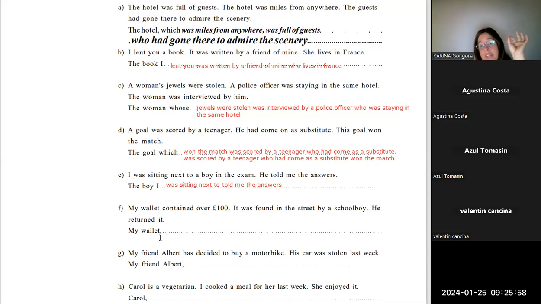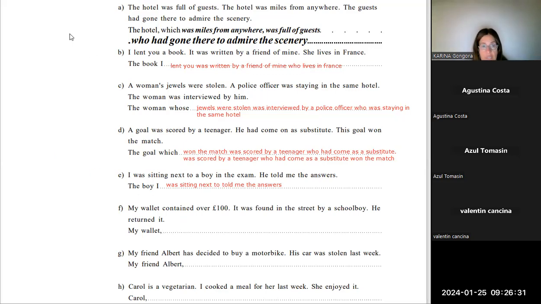Also, pay attention that here you had the comma, right? So you need to put the comma. It is which for things, right? So, very good.